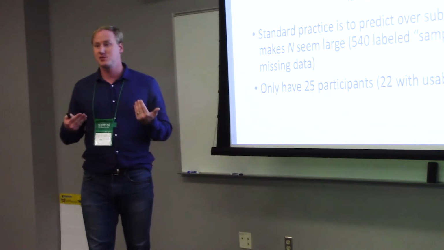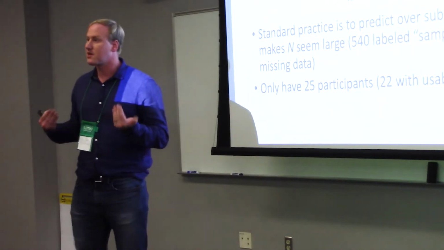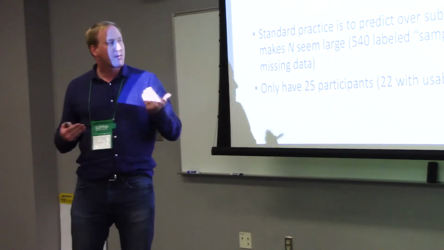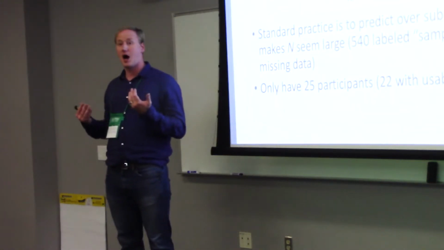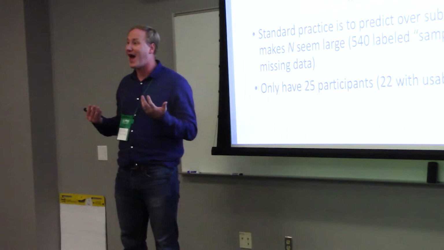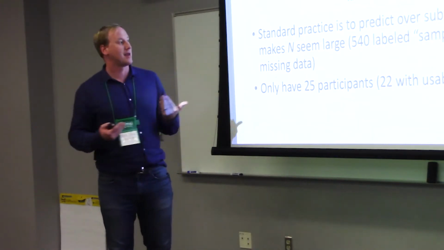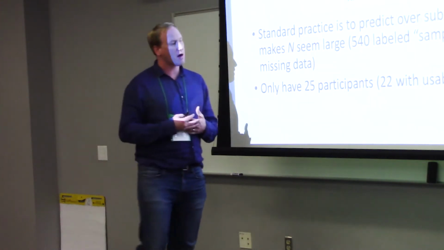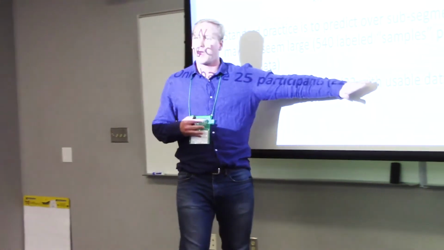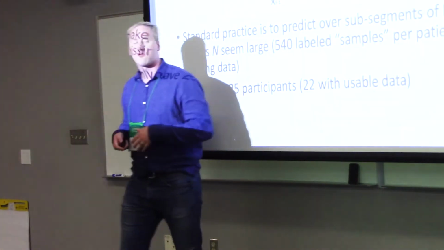So if you're the convolutional neural network, this actually seems like pretty big data. And you're pretty happy. But if you think about this, that's probably not realistic. We don't really have 10,000 independent samples. So can we come up with ways of actually saying in a convolutional neural network that we have this type of measurement structure?